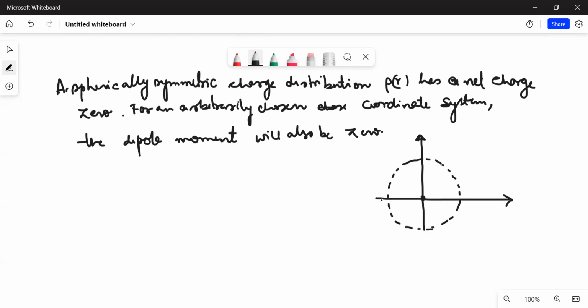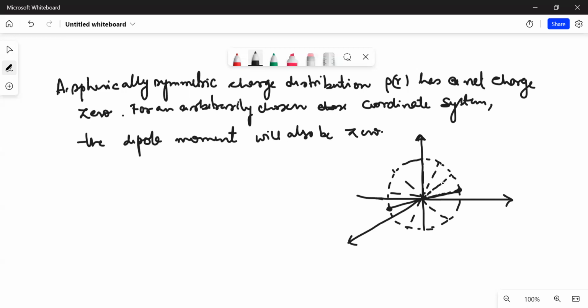For convenience, let us take a spherical coordinate system. It is already said that your charge is distributed spherically symmetrically, which means it is invariant with respect to rotation. Whatever charge you find here, exactly diametrically opposite, the same charge will be there.